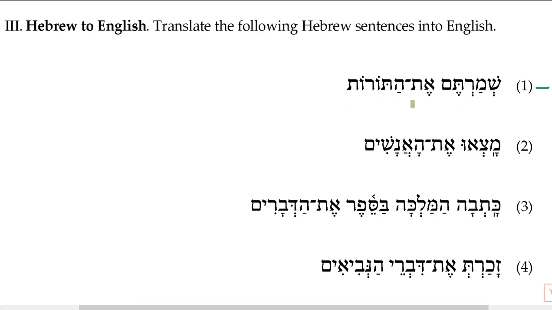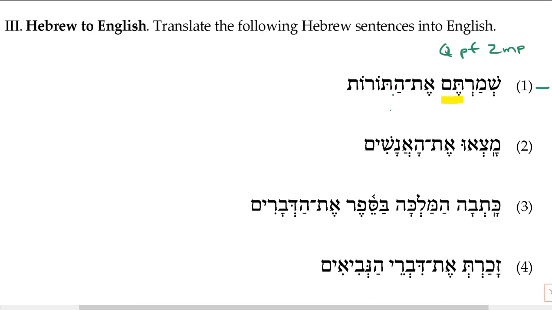Shemartem et hatorot. Okay, so we parse this. Notice the tem ending. And so that tells us it's a 2MP ending. And the vowels tell us it's a Qal perfect 2MP. And the root is shamar, to guard or to keep.